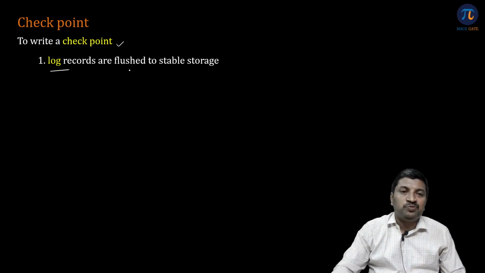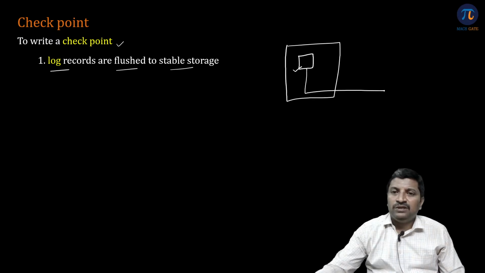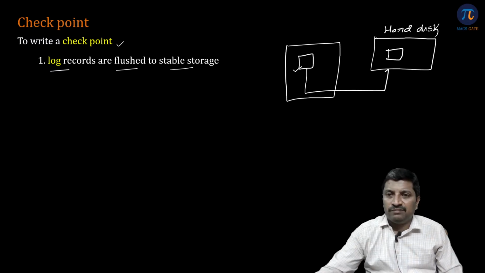Log records must be flushed to stable storage. It is like this, sir. Whenever I feel it is correct up to here, I write this to the hard disk. This is my hard disk. First we write this log file. That is the first step.